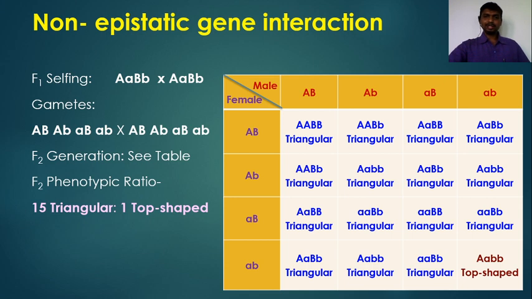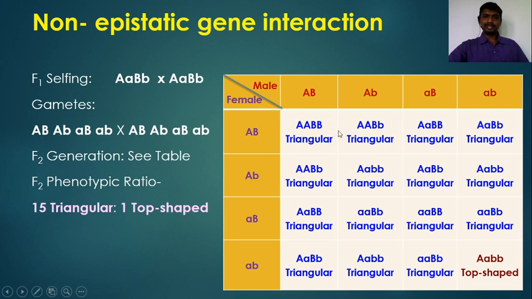So in this cross we consider two genes. This is a dihybrid cross, where these two genes influence one another. If any one allele of either the A or B gene is present in the individual, it produces the same phenotype.